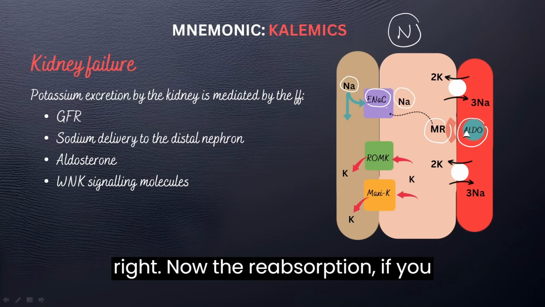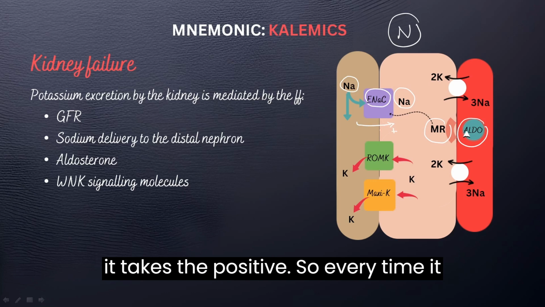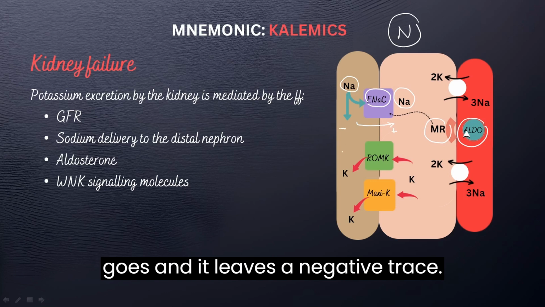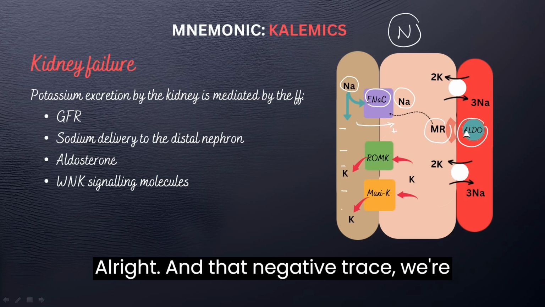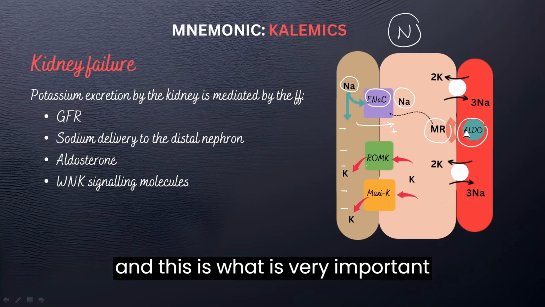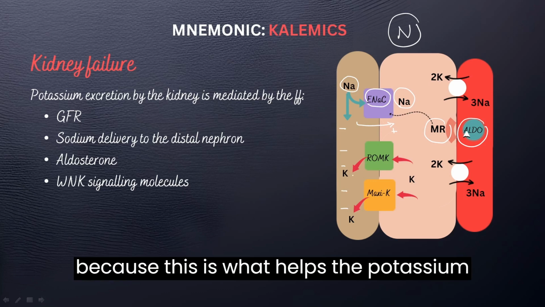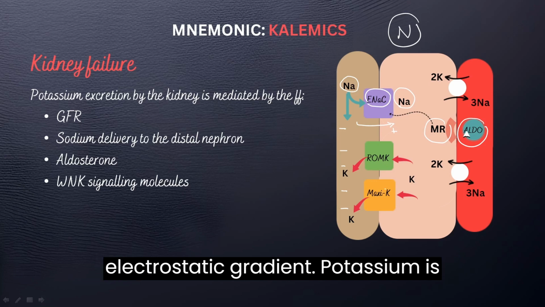All right. Now the reabsorption, if you notice, sodium will go in, it takes the positive. So every time it goes in, it leaves a negative trace. And that negative trace, we're going to call it an increase in electronegativity of the lumen. And this is very important because this is what helps the potassium to be secreted, because of the electrostatic gradient.